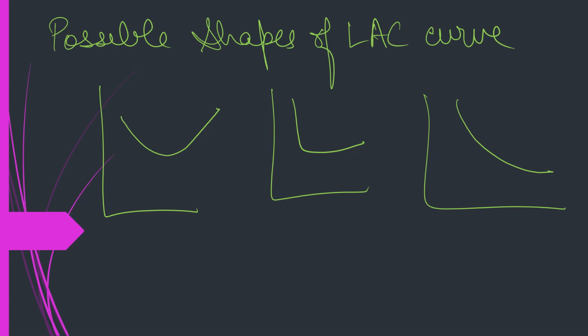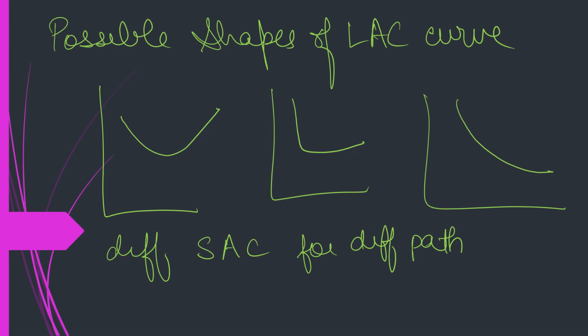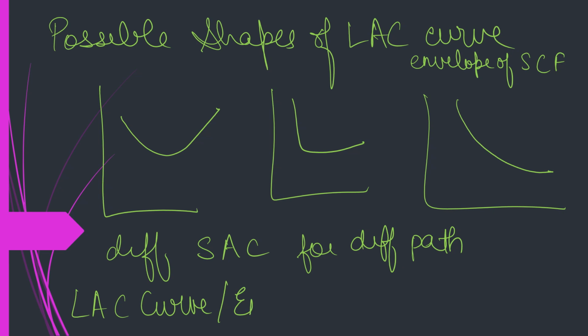An organization may have a different short run average cost curve for different plant sizes. An LAC function is an envelope of short run cost functions. The LAC curve is also known as the envelope curve or planning curve.